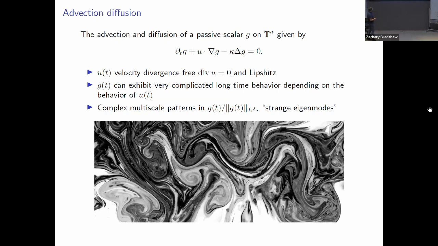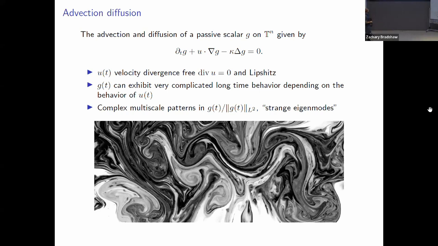The other thing that's very interesting to study is that for the advection diffusion equation, the scalar we know is always going to be decaying because we have diffusion on it. But if you take the scalar and turn up the contrast by dividing by the L2 norm and study this quantity, you see that very often, depending on the velocity field, it'll settle into some kind of steady state where the thing keeps trying to fold onto itself, but then diffusion stops it.